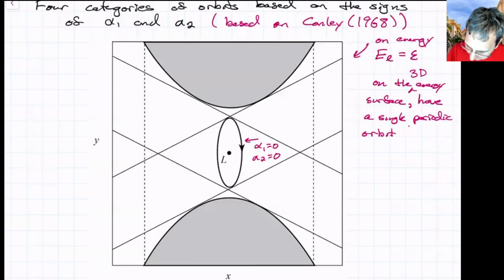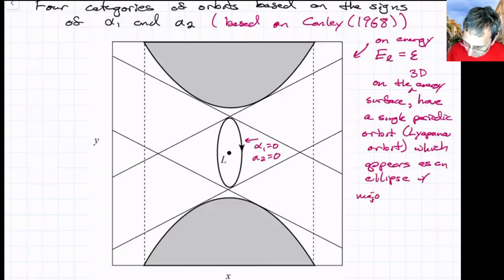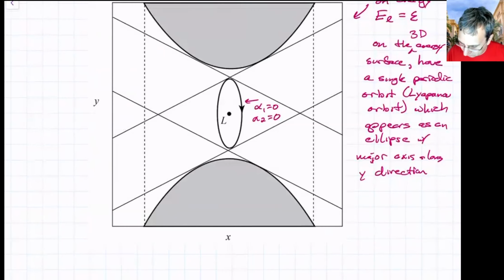This is the thing that is called the Lyapunov orbit, which appears as an ellipse with a major axis along the y direction. It has a length of 2 times the magnitude of tau times the square root of the energy, epsilon, divided by kappa.